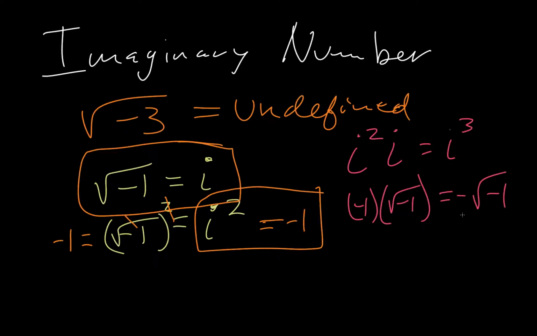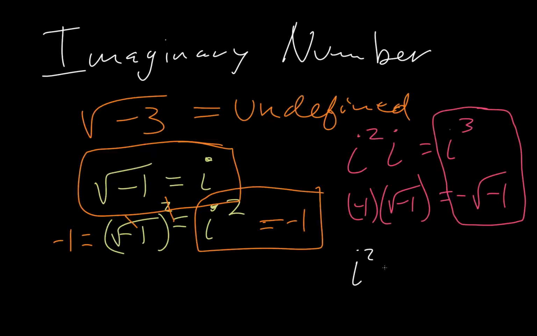Now, a lot of kids have a problem with that because they really want to cancel those negatives, but since we have that radical sign in between, we can't do it. So once again, i cubed is equal to this. We're not going to use that a lot in the class, but just so you know.